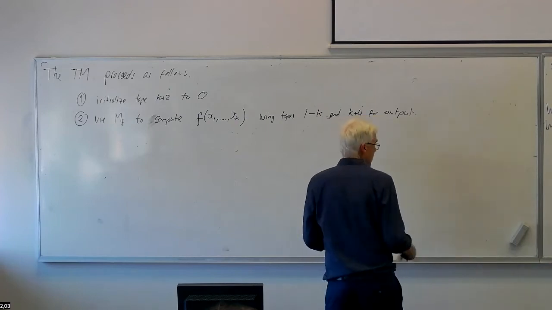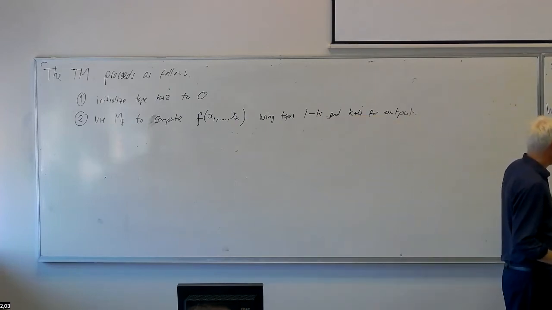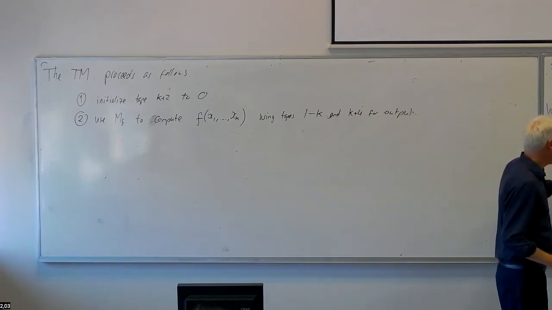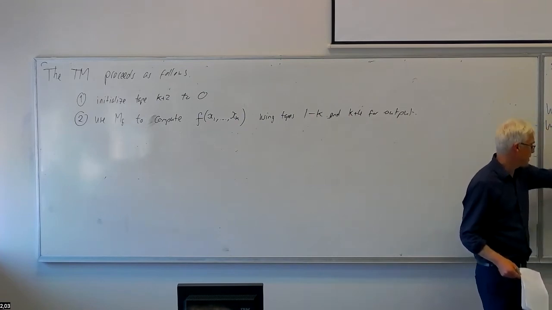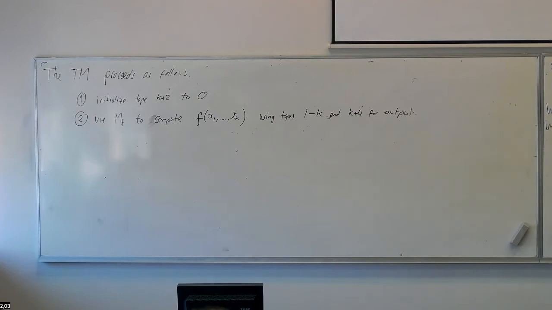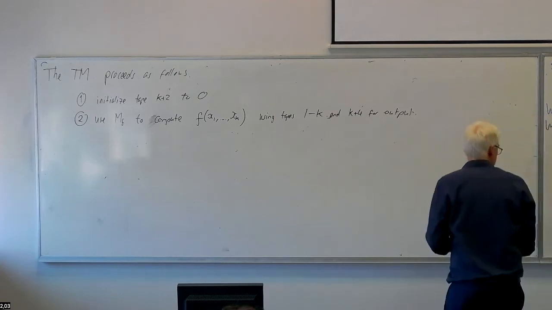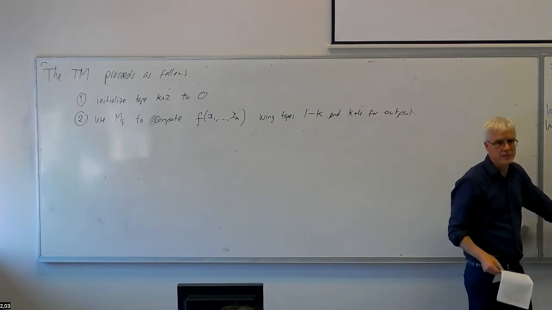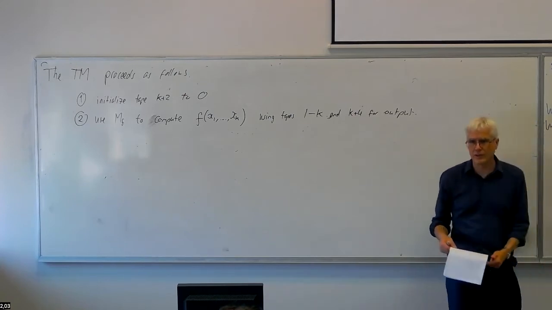And the point is that when our argument x is 0, then f of x1 to xk is being put on tape k plus 4 and is the correct output value. So we're done.